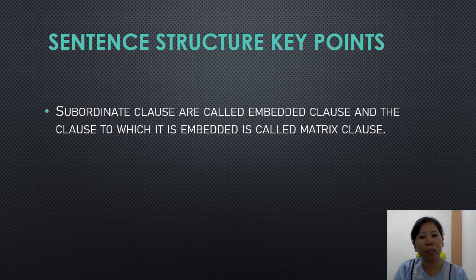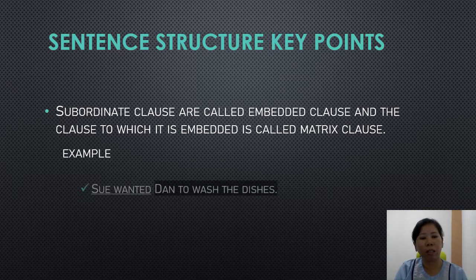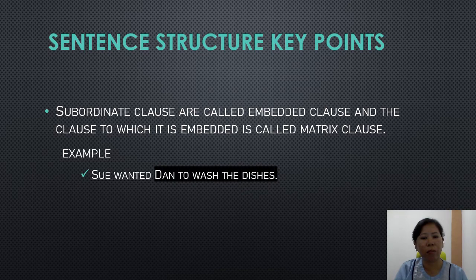Now, the third key point says subordinate clauses are called embedded clauses, and the clause to which it is embedded is called the matrix clause. Let's take a look at the example. Sue wanted Dan to wash the dishes. The matrix here is Sue wanted, and the subordinate clause is Dan to wash the dishes.